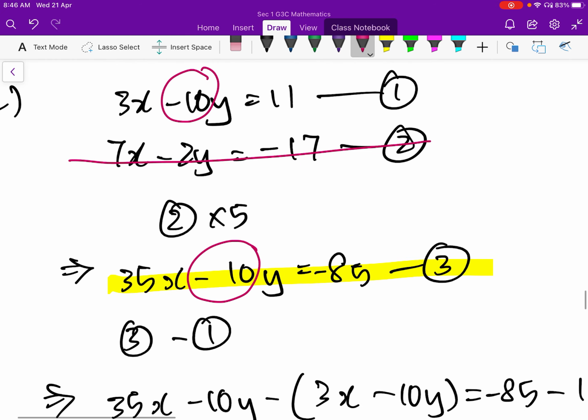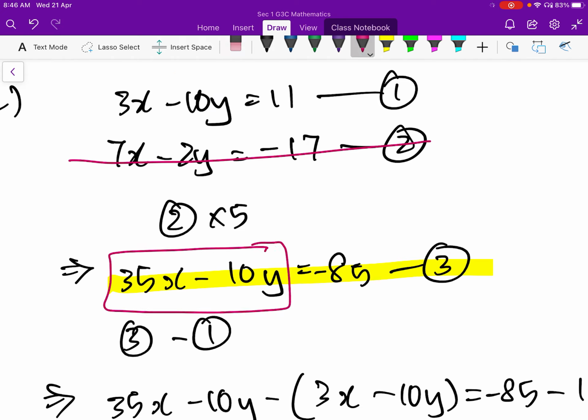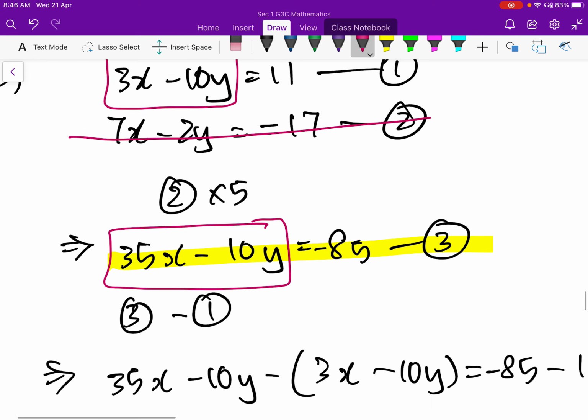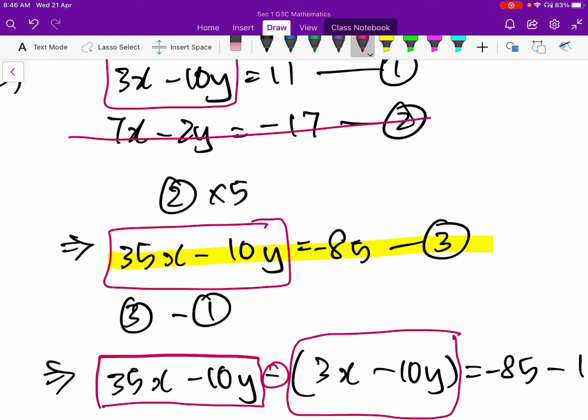So taking equation 3 minus equation 1, we take the entire left-hand side of equation 3 minus the entire left-hand side of equation number 1. So that is shown over here. Notice that I put a bracket.